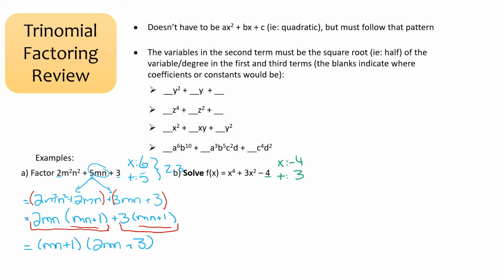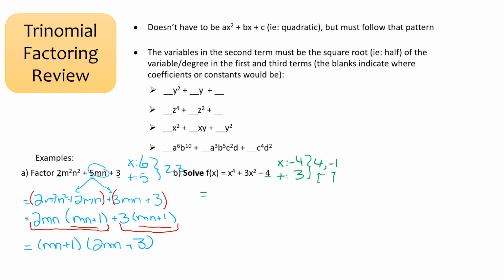So what two numbers multiply together to give you -4 and add together to give you 3? Hopefully you came up with +4 and -1.